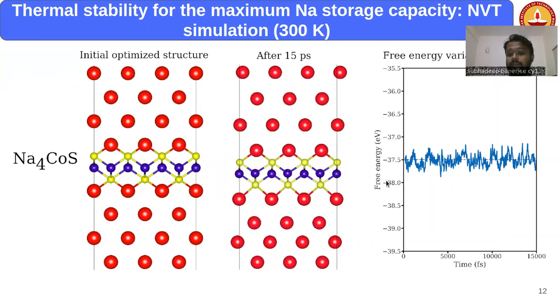The free energy fluctuation is also very low. It is less than 1 electron volt up to 15 picoseconds of simulation time. Therefore, we can say that the structures are thermally stable at 300 Kelvin temperature.